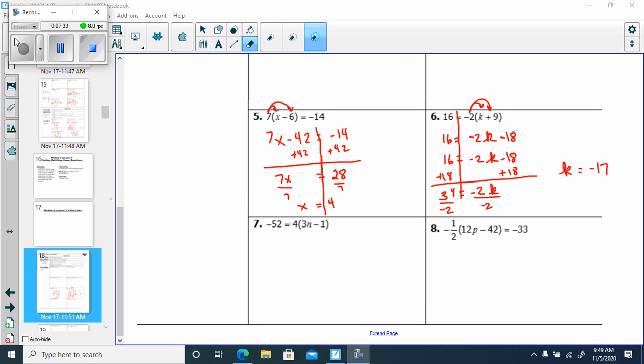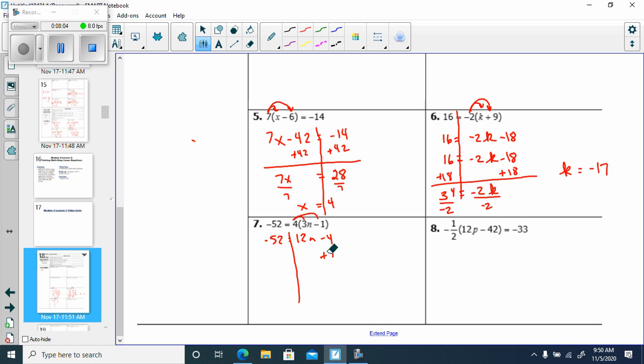Okay, on number 7. Negative 52 equals 4 times, in parentheses, 3n minus 1. This means we have distributive property, so we need to take care of that first, okay? I've got negative 52, and you're right, 12n minus 4, okay?